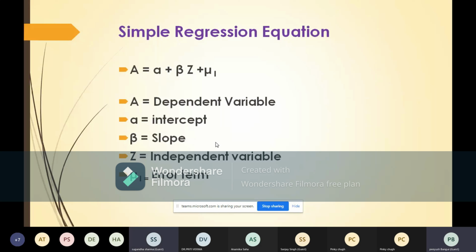So the residual of the 21st day became 2, and the residual of the 28th day became 1. So it regularly changes. It changes with every data point you are inserting. Okay, sir.